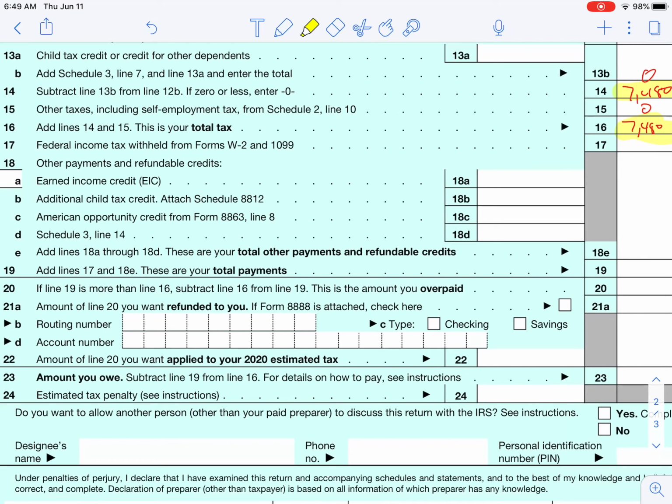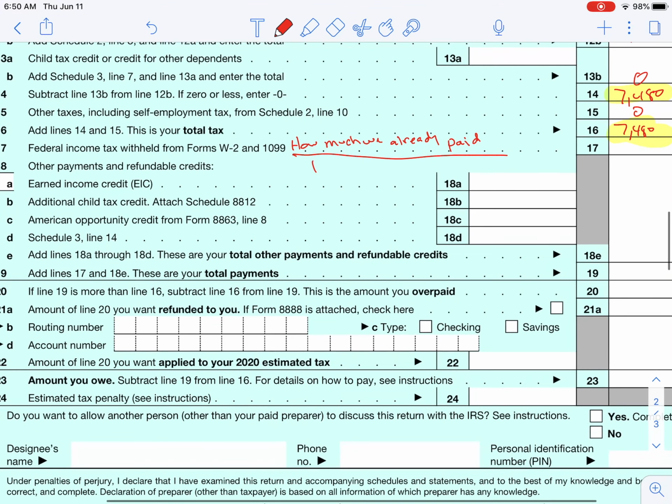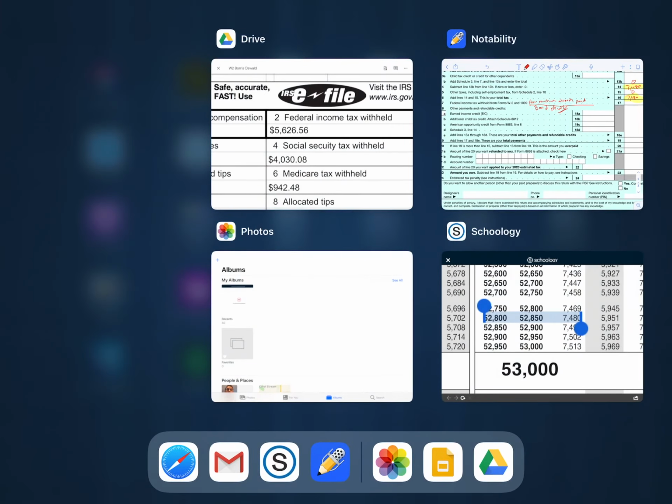And 17. Now, here's our federal income tax withheld. This is how much we already paid. And we find that on box 2 of the W2.